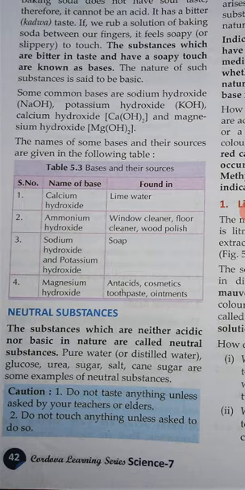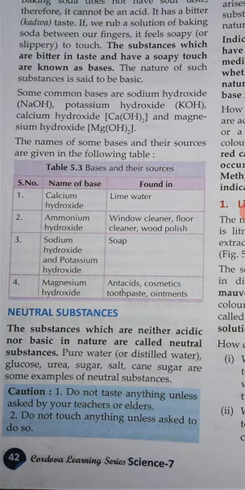Sometimes even pond water or lake water, you may find it basic. This acidic or basic water is due to the presence of some other acidic or basic substance. But you know that pure water, that is distilled water, is neutral.